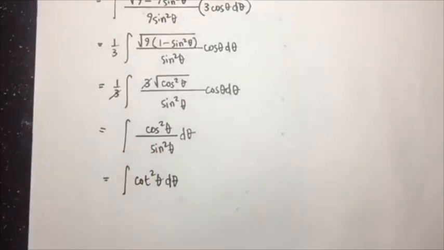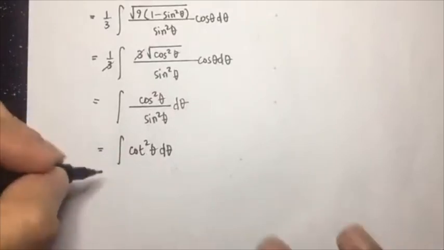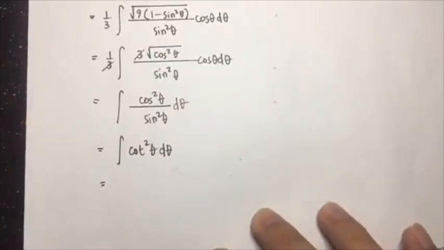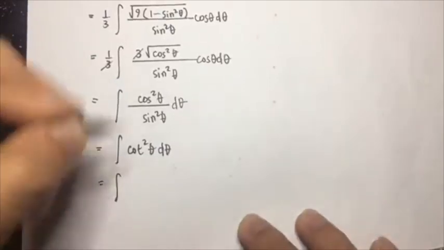To integrate cotangent squared theta, we will use the identity: cotangent squared theta is equal to cosecant squared theta minus 1.